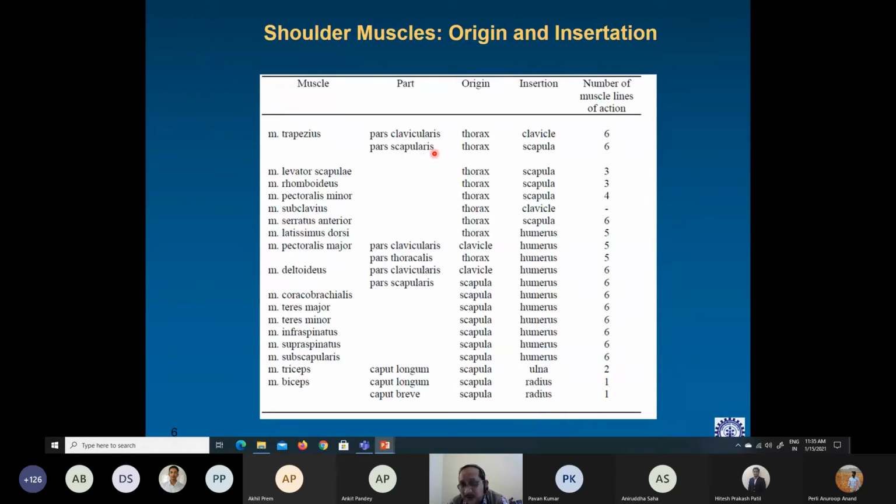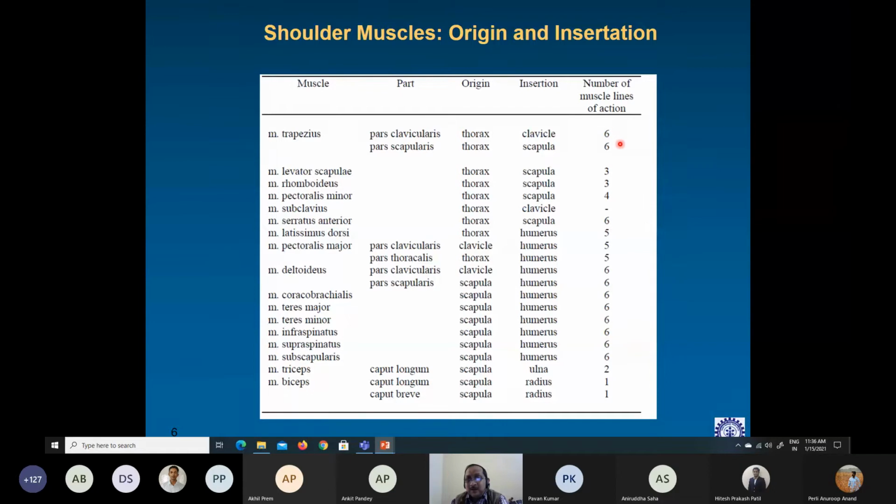You know what the clavicle is, I hope, the collarbone. It's a long bone, and you can feel it in front, very near to the neck.